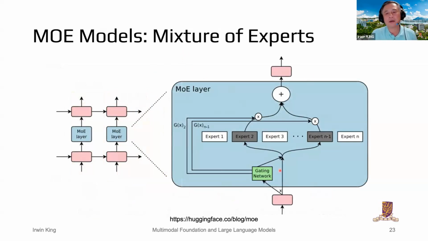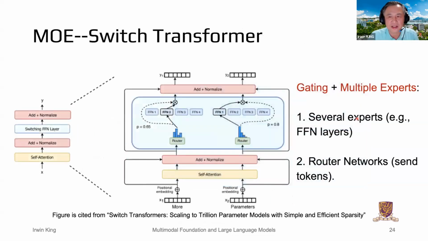How does it work? Well, as I shared with you before, you have experts here, and then you have a gated network. Depending on what the input is, this gating network could open or close these gates. These gates will be summed up and then go out and give you the output. So this is a rough view. In a more detailed view, you can see the gating with multiple feed-forward networks in here.